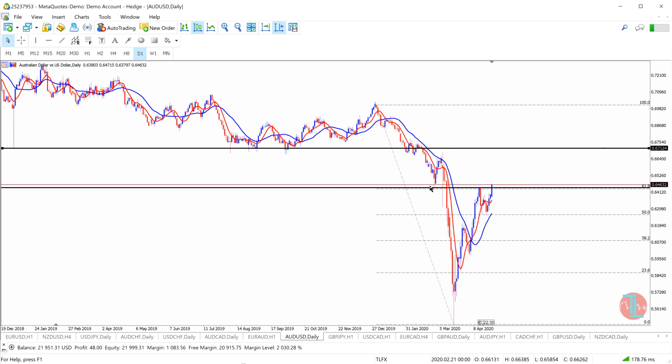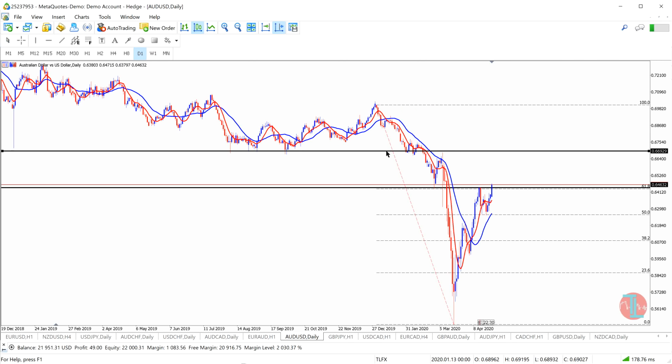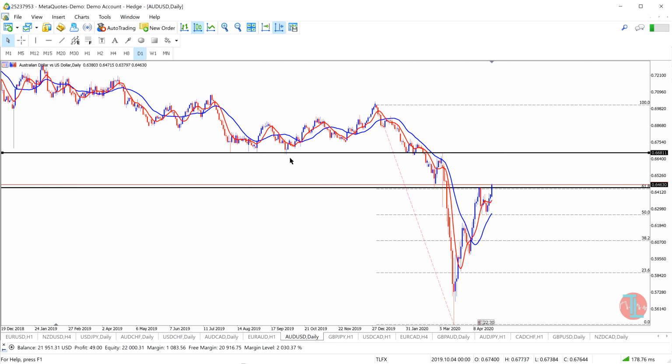If you narrow down to our daily and we get down to the end, we can see we have resistance here 1, 2, 3, 4, 5. We also see that we have resistance here, which is being broken above right now. And as that being the case, this former resistance is now support.